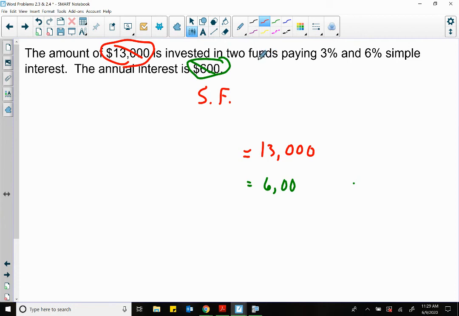Now, up here, it says that you are investing funds into a 3% and 6% simple interest. One thing on this, the first thing is, remember that you cannot put percentages into a problem the way they are. Remember, percents must be decimals.